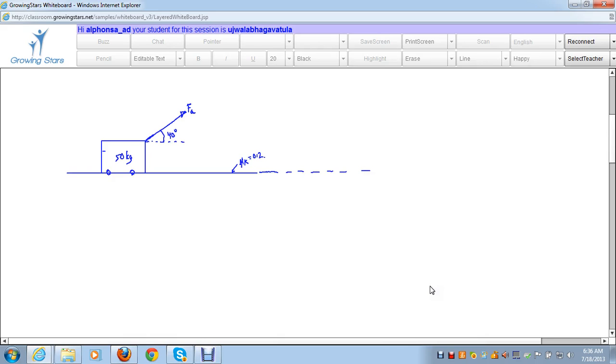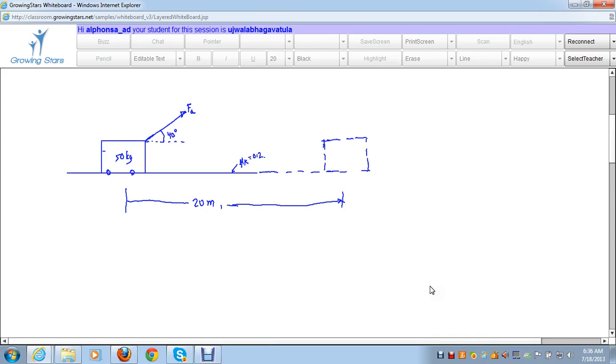You want the box to reach this distance. This distance I am giving, 20 meters. You have to take the box 20 meters, okay?